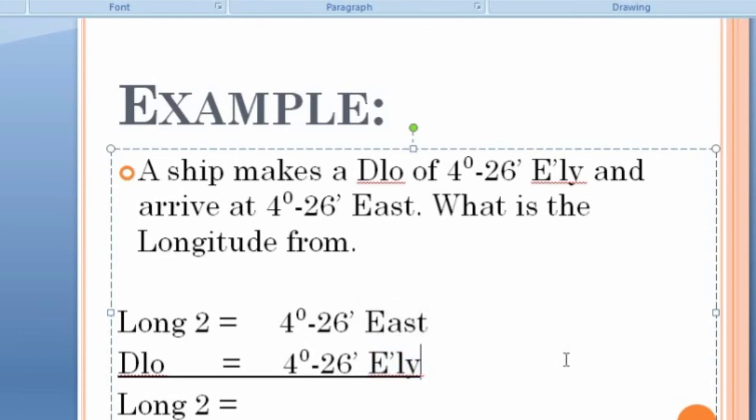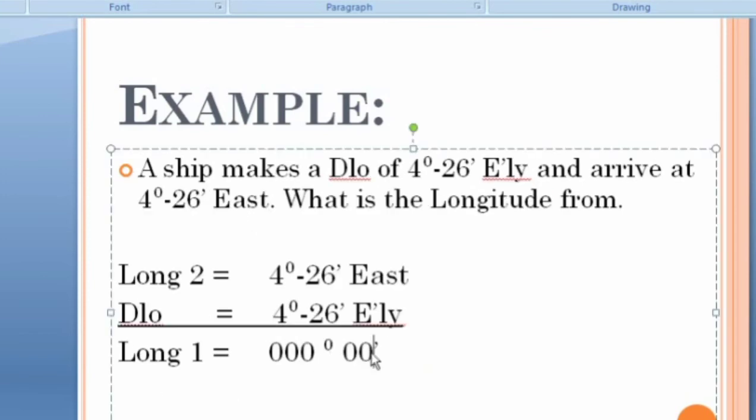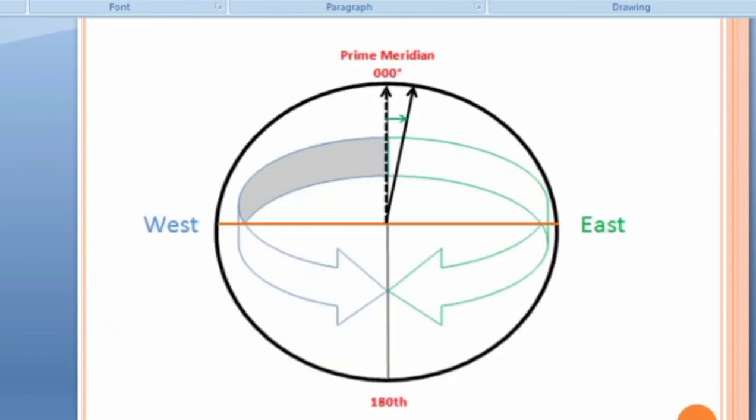So in that case we will be subtracting these two, so we will be at the meridian 00 degrees, right? So we have this illustration.